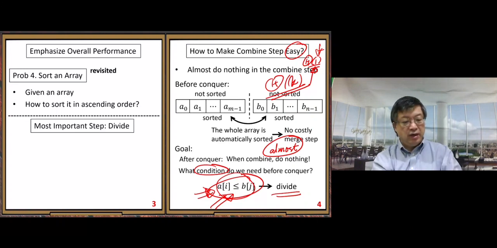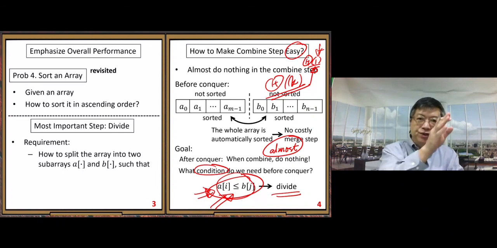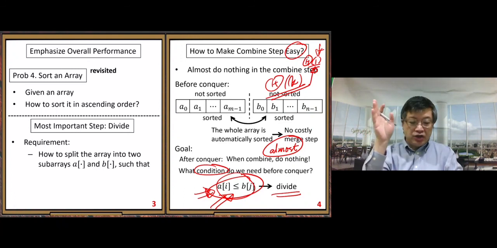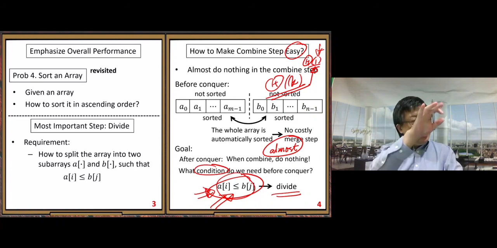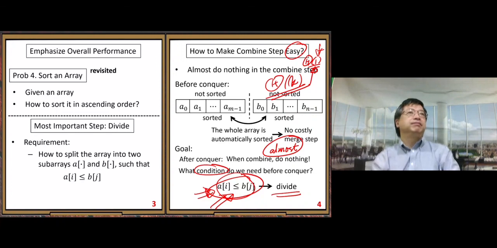The requirement: how to split the array into two subarrays, A subarray and B subarray, such that the critical condition holds? The value of any element in A array is less than or equal to the value of any element in B array. That's the condition. How to get that is not easy.